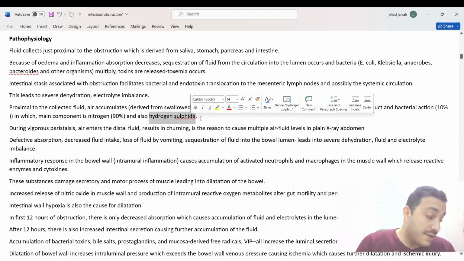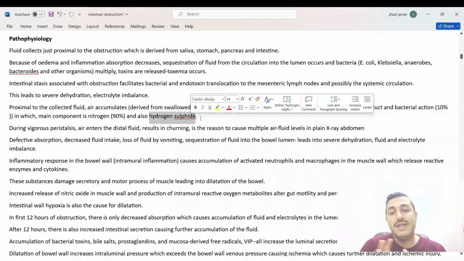And so peristalsis or hyperperistaltic period, and due to this, some air enters the distal part, and this will lead us to the air fluid level that we see on the radiological imaging.